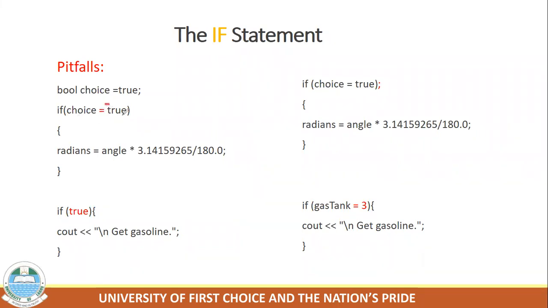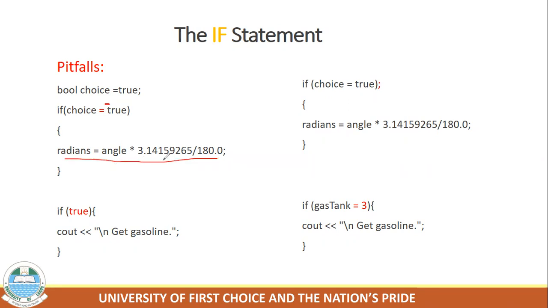When you use your single equal to, what you're actually doing is assigning choice to be true. You are saying, okay, choice, you're going to be true, right? So since choice is true, it means if true, execute this. Every time it will always execute this.